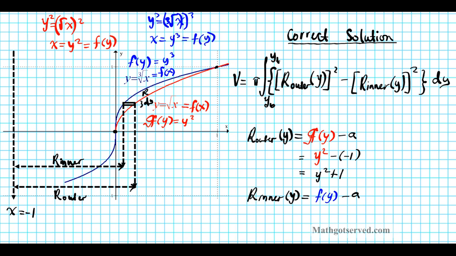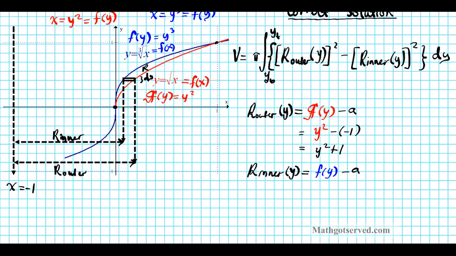That's the formula there. And then if we do the correct calculations, we're going to substitute y to the third here. So we have y to the third minus your axis of rotation, -1. And that reduces into y to the third plus 1. Okay? So now we have our outer and inner radius.